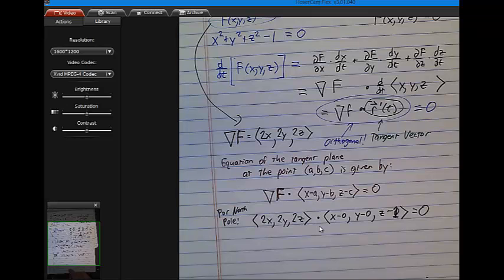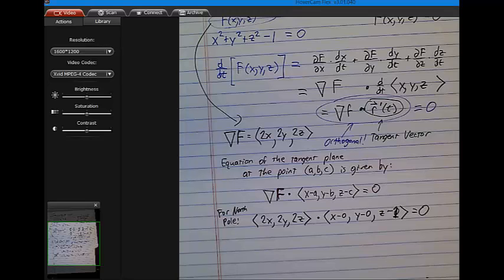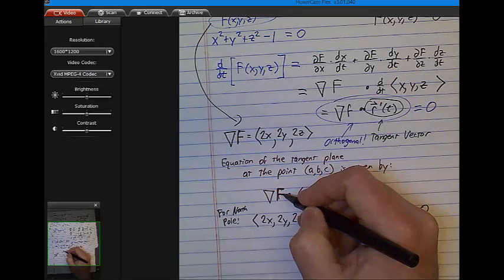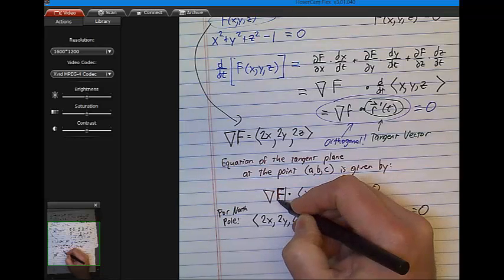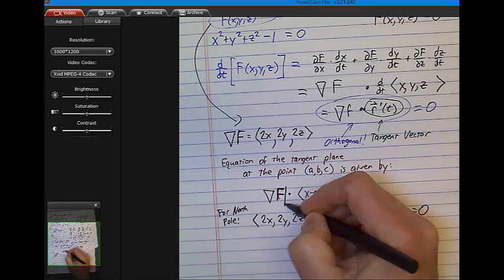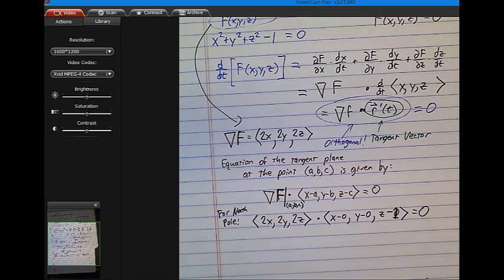So, let's take a peek. Yeah, you need to evaluate it at ABC. So, how am I going to say that? How about I say gradient of f evaluated at ABC? That's better.